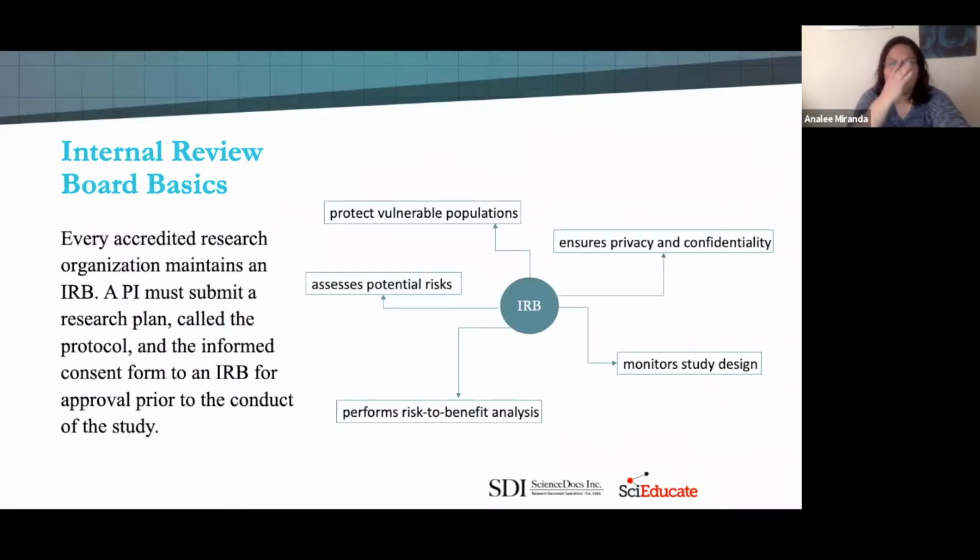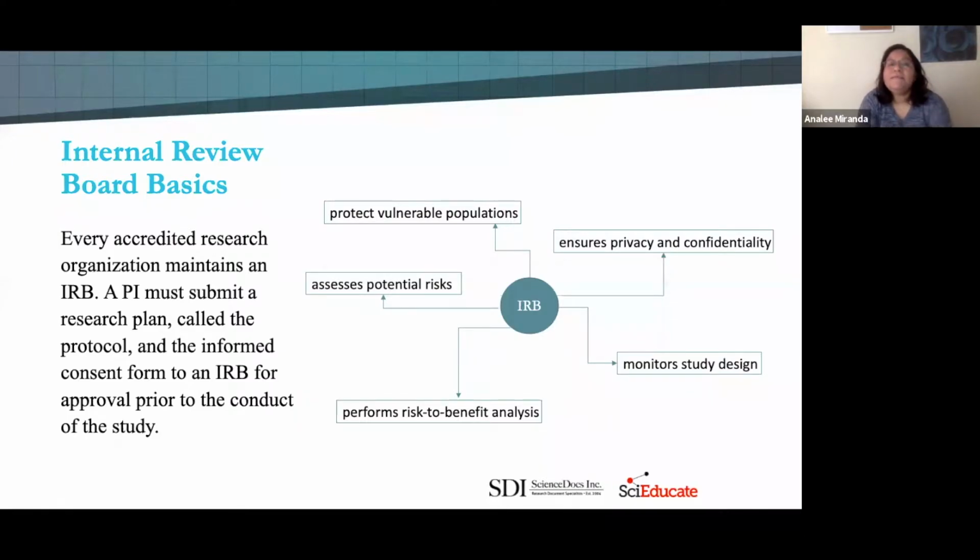All right. So every accredited research organization usually maintains an IRB. A principal investigator needs to submit some sort of research plan, and that's called the protocol, the research protocol, and an informed consent as well. This is what's submitted to the IRB board prior to a particular study.